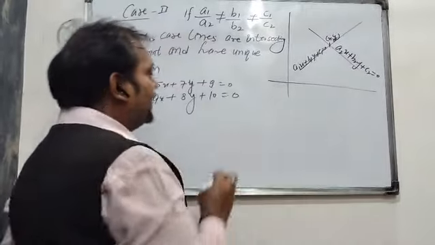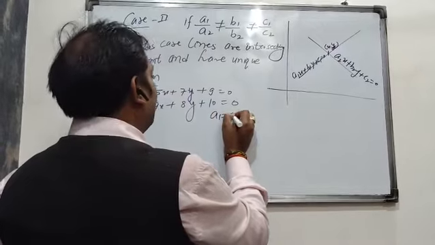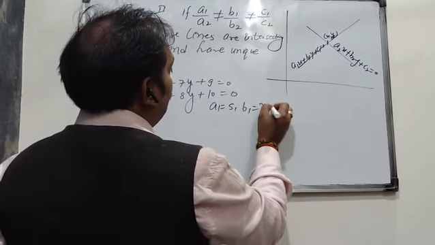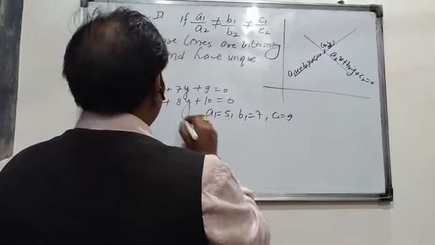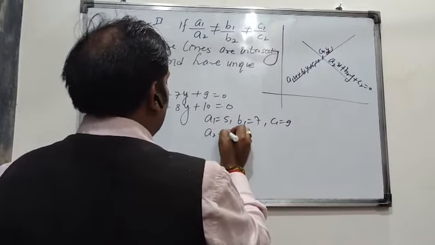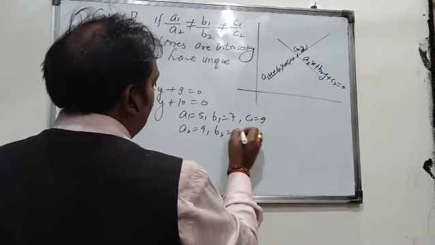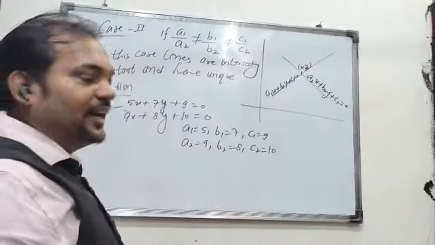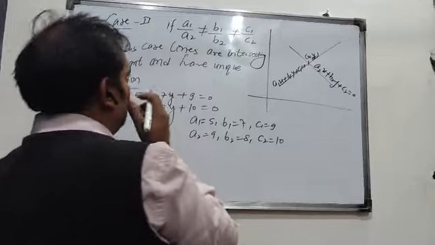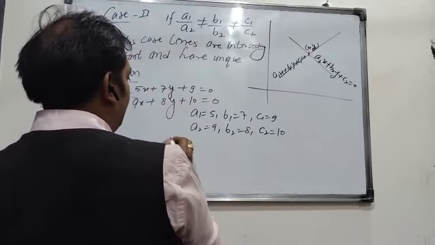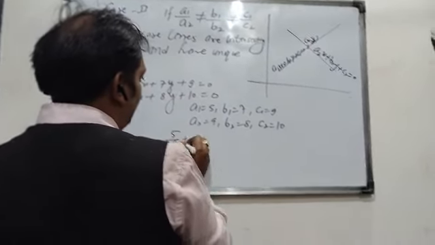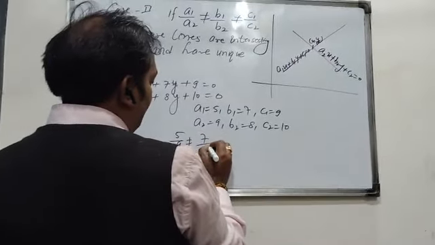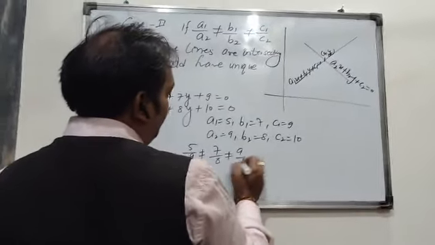By comparing with the standard form, you will get a1 is equal to 5, b1 is equal to 7, c1 is equal to 9, a2 is equal to 9, b2 is equal to 8, and c2 is equal to 10. Getting? Now put in this case, 5 by 9 is not equal to 7 by 8 is not equal to 9 by 10.